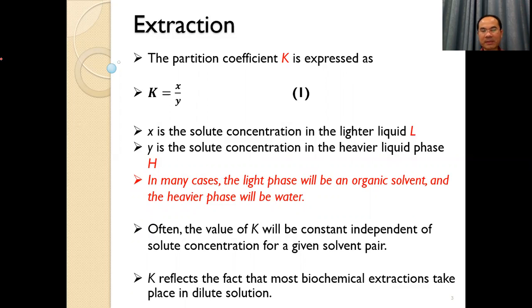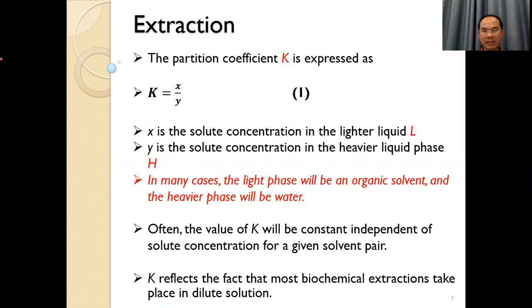The partition coefficient K is expressed as X divided by Y, where X is the solute concentration in the light liquid phase, which we represent by L, and Y is the solute concentration in the heavy phase, which we represent by S. In many cases, the light phase will be an organic solvent and the heavy phase will be water.